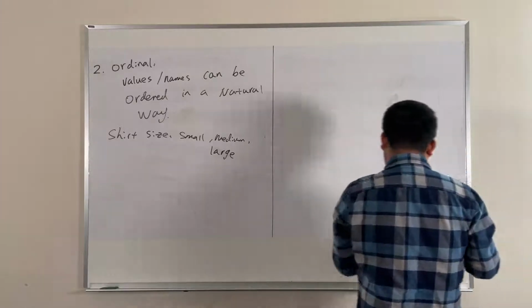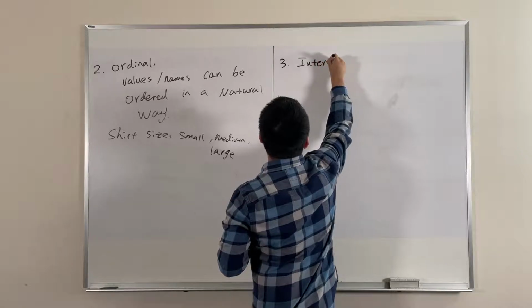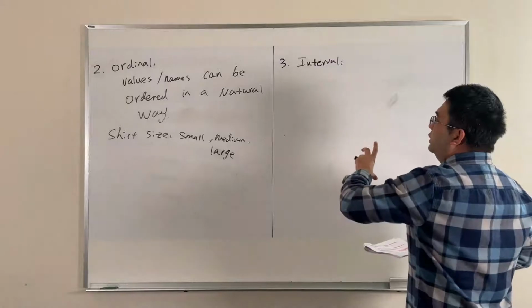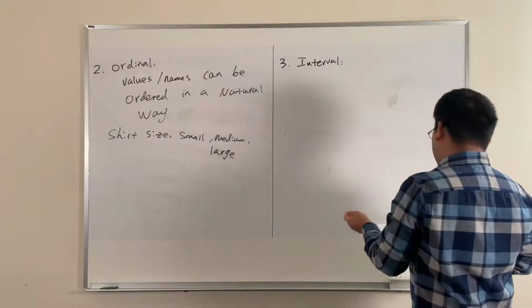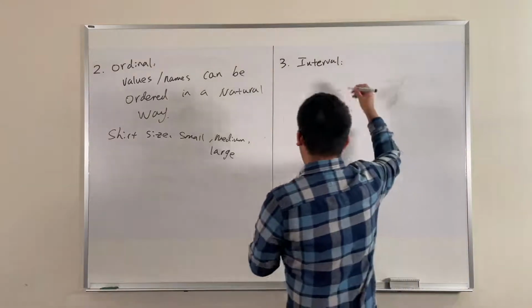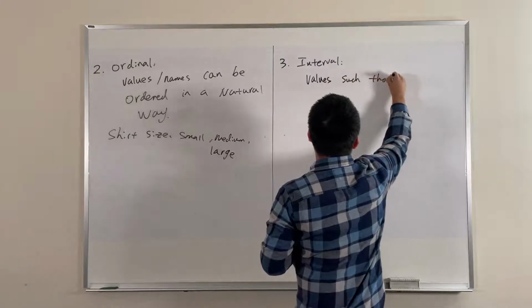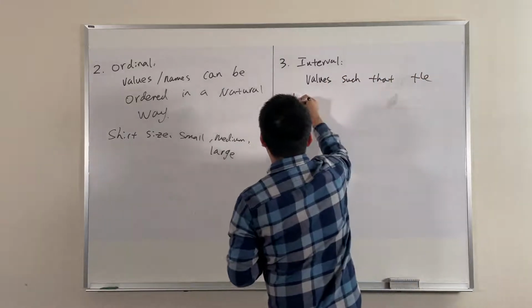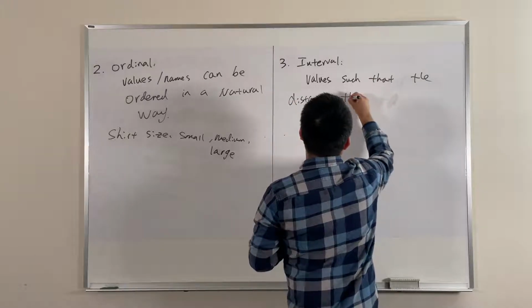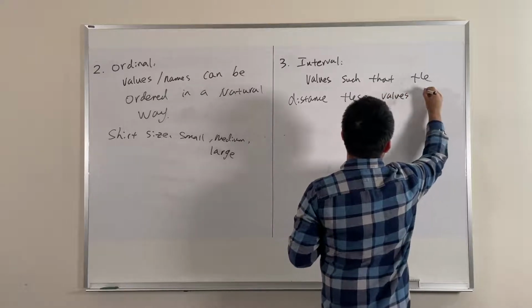Okay, the third type is intervals. Interval variables. Okay, so for interval variables, the definition is the distance between these numbers is meaningful, right? So values such that the distance between these values, these values are numbers, so it's meaningful.